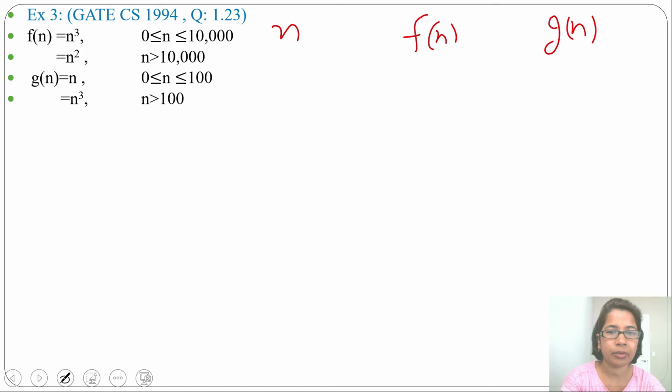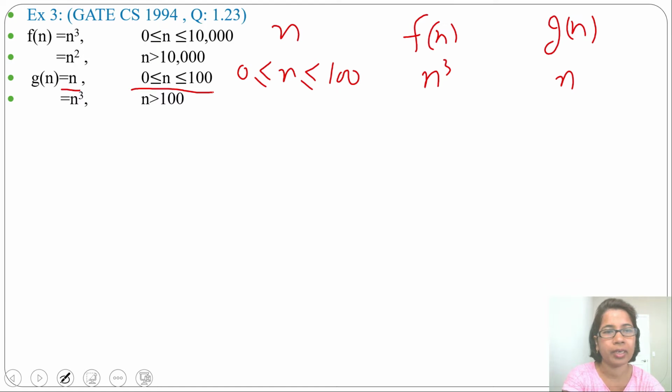When n is greater than or equal to 0 and less than or equal to 100, f(n) is n^3 while g(n) is n. Here g(n) equals n if n is between 0 and 100, and here n^3 applies up to 10,000. 100 is less than 10,000, so f(n) will be n^3.